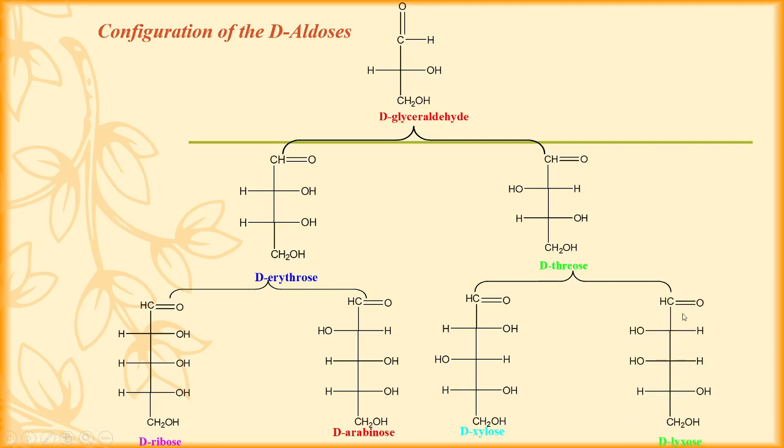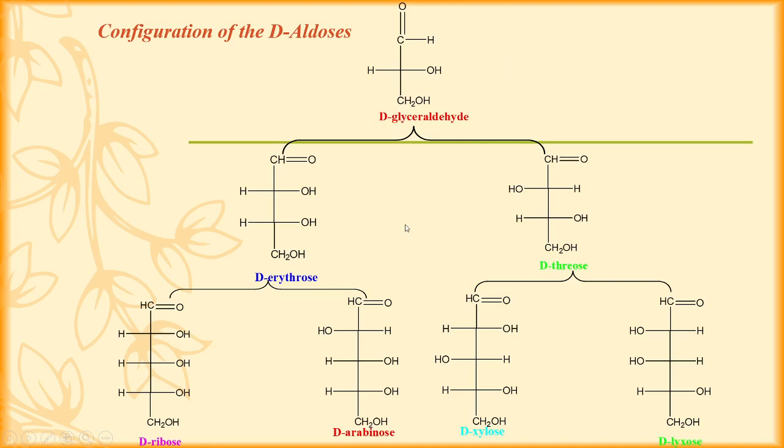And in the D-lyxose molecule, that is this pentose sugar, we added one more carbon atom after this aldehydic group and we write the hydrogen on the right hand side, because this is the right hand side molecule for the D-threose. This is the D-lyxose.